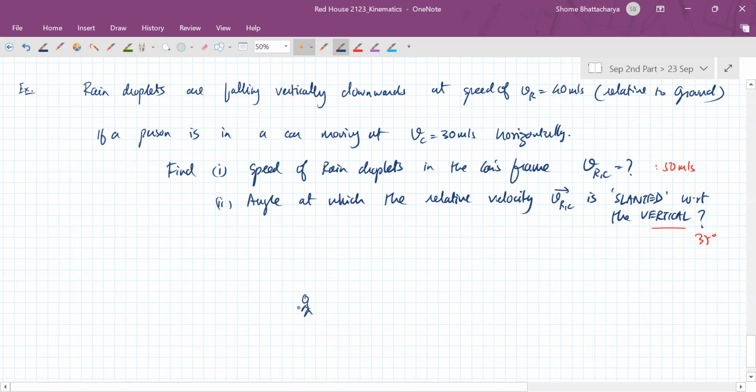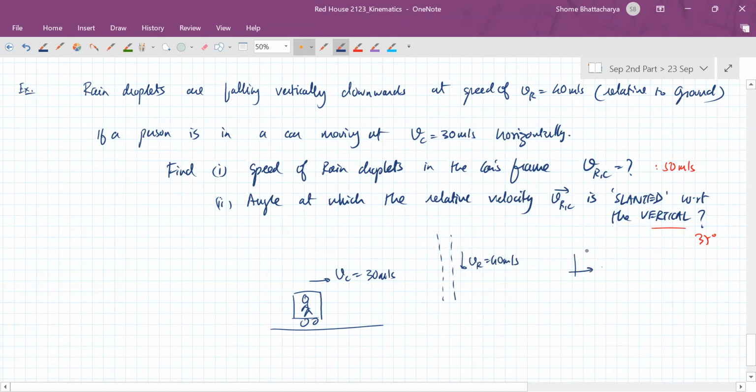If the person is in a car that is moving horizontally at 30 meters per second and rain is falling vertically at 40 meters per second.